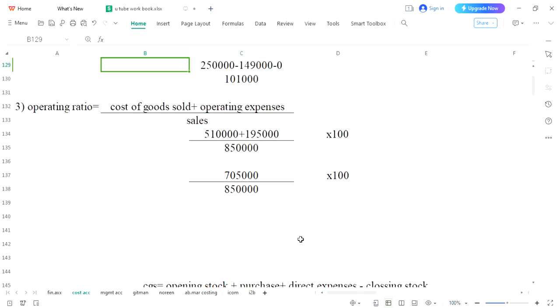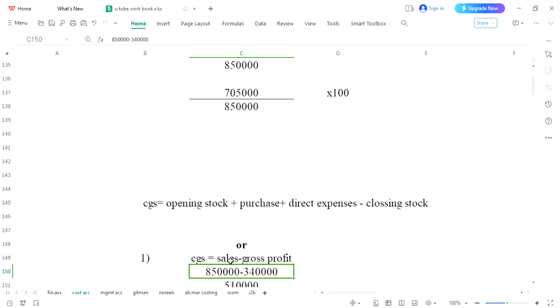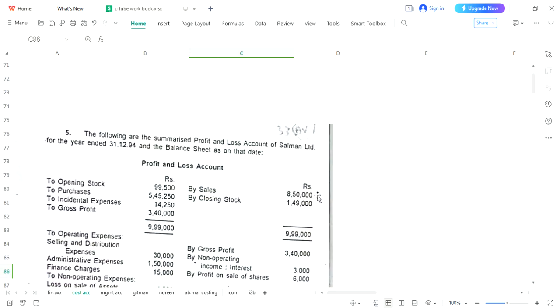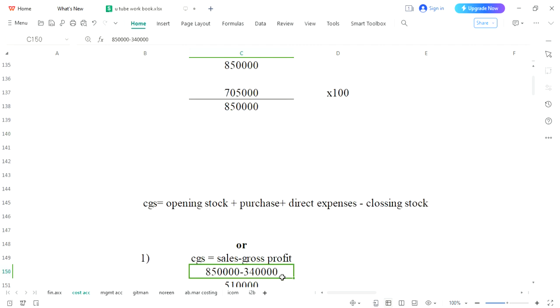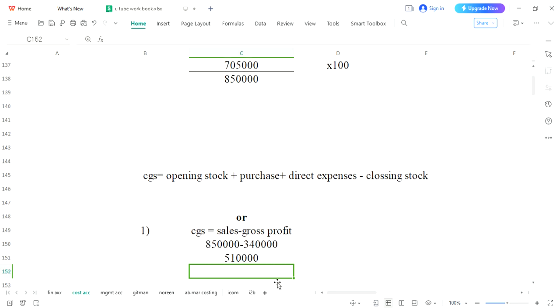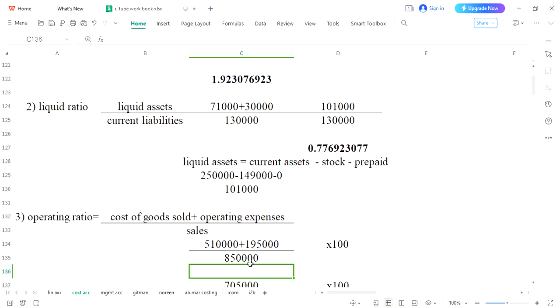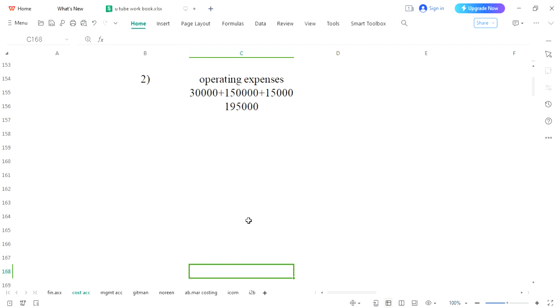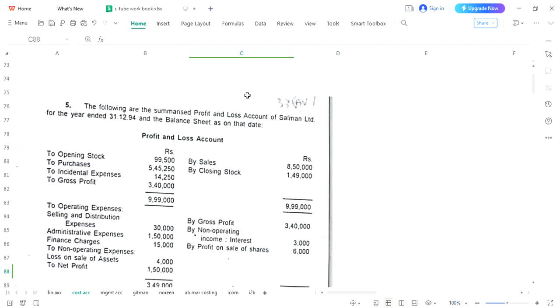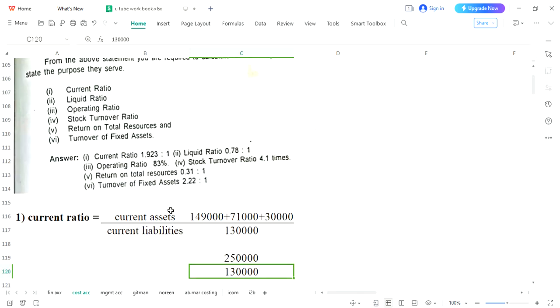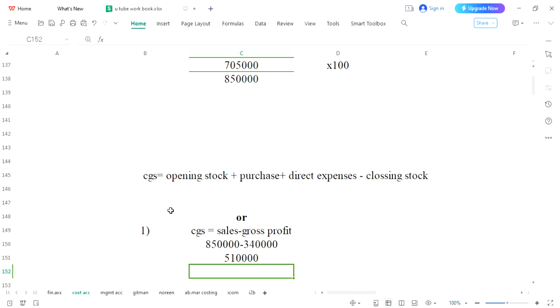Okay, I'm repeating everything again. Cost of goods sold, for this we have a formula, sale minus GP. You have got your sales 8,50,000, GP 340, and the same you have put over here, with the help of which you have got your cost of goods sold. Then for your formula you need operating expenses. For operating expenses we went to our question, the heading was written operating expenses. You have collected these three as operating expenses and posted them over here.